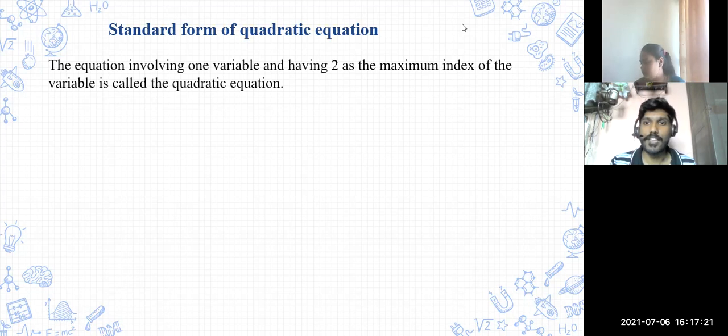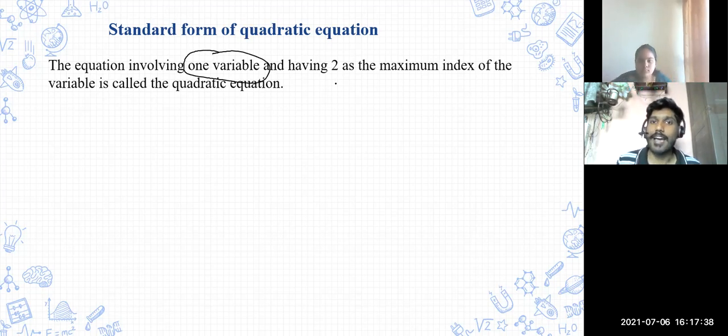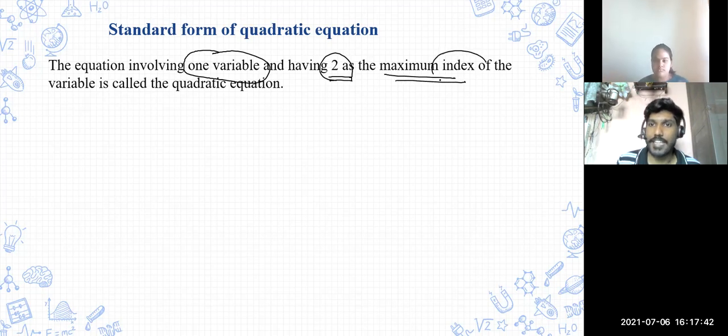Okay, now the basic definition of quadratic equation, this is written in your textbook as well. Equation involving one variable. See the words carefully. Equation involving one variable and having 2 as the maximum index.